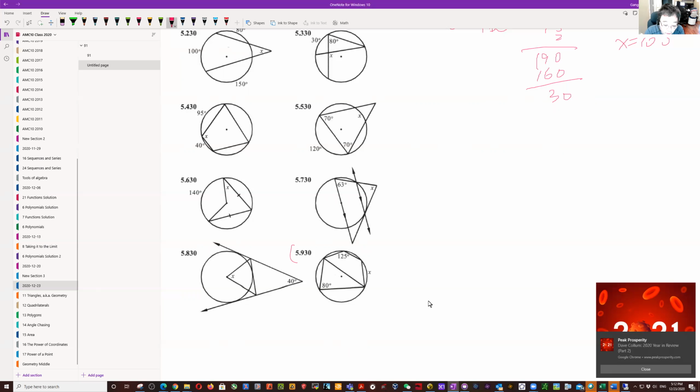For example, let me choose the last one, supposedly maybe the most difficult one. First you will say that it's 80 degree. 80 degree means the arc going all the way around is 160. If you label it, this is A, B, C, D, E. So it's arc BCDE, all the way from here, equal to 160.